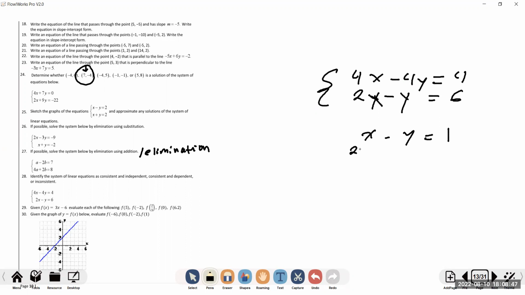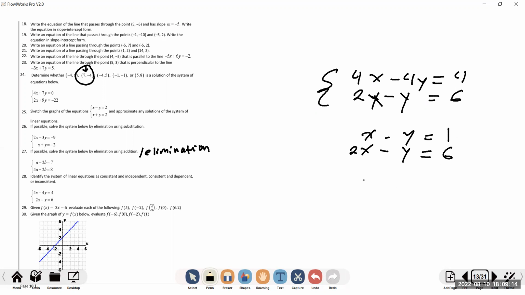And this is 2x minus y equals 6. It should be pretty clear that they're not the same equation, right? Because this would have to be 2x minus 2y equals 2 to have the same coefficient on x. They already have the same coefficient on y. They have different coefficients on x, different constants.